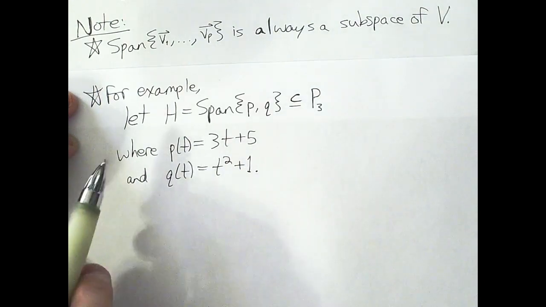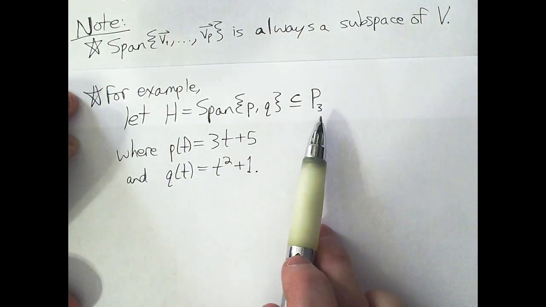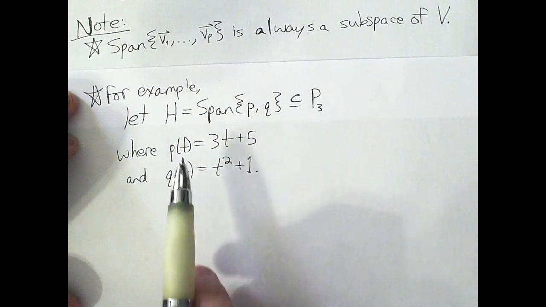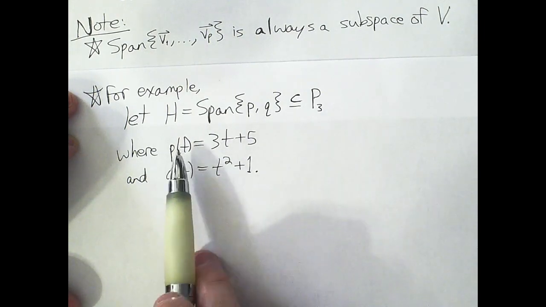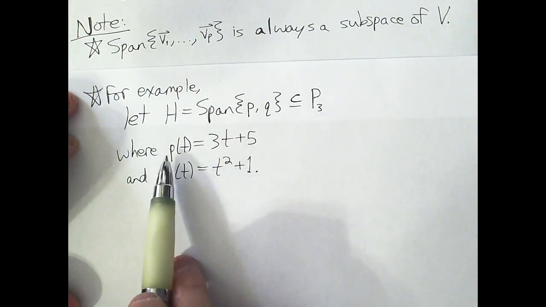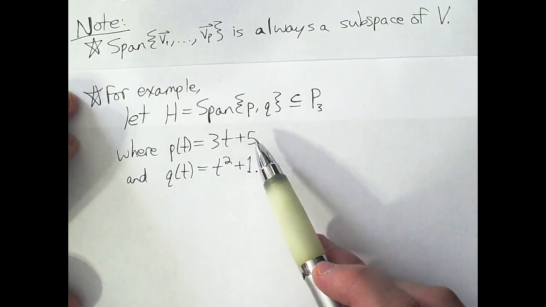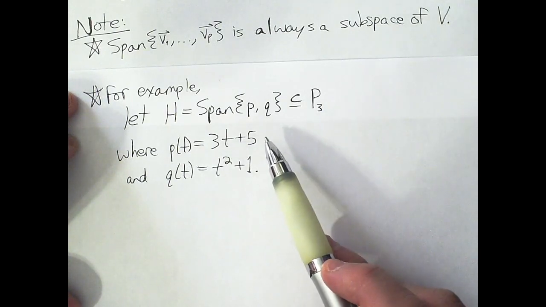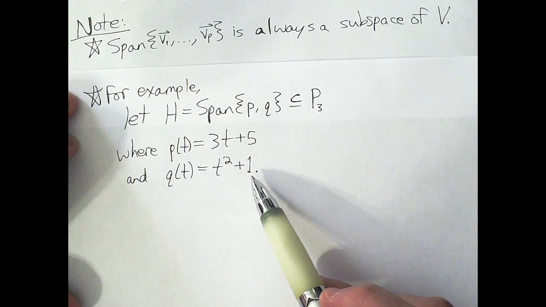See what we're doing here? We've got P3, which is the vector space of all polynomials of degree at most 3. I've taken two elements of it, two vectors from P3. It's this polynomial, degree is less than or equal to 3. This polynomial, degree is less than or equal to 3.